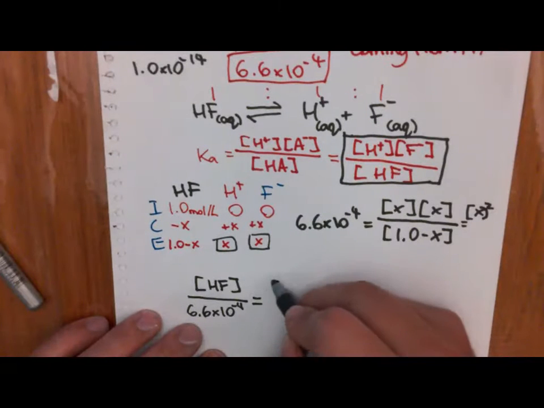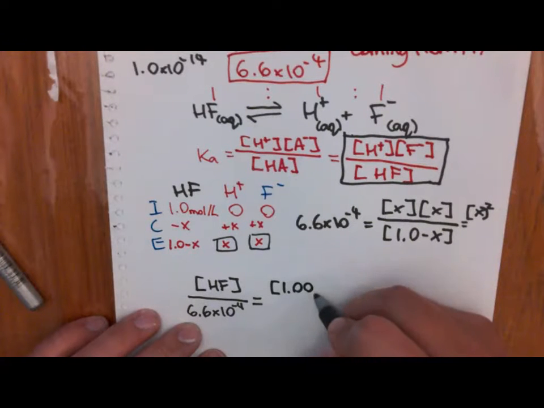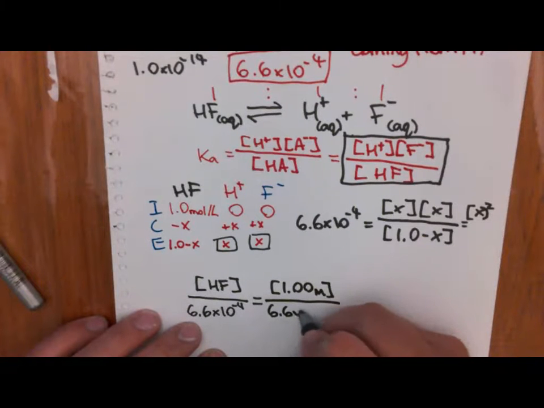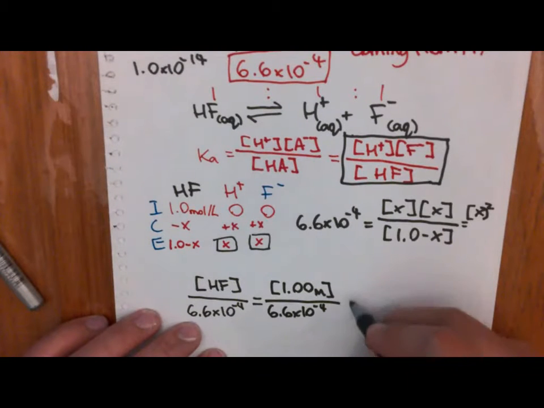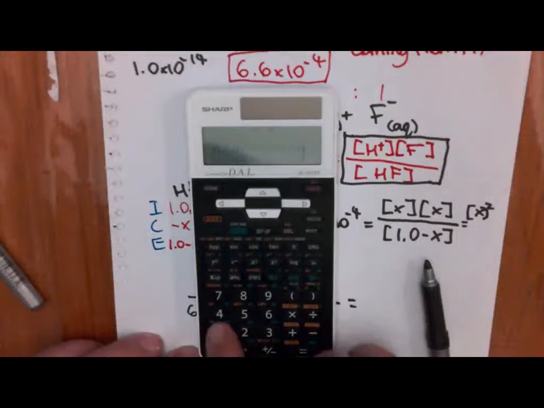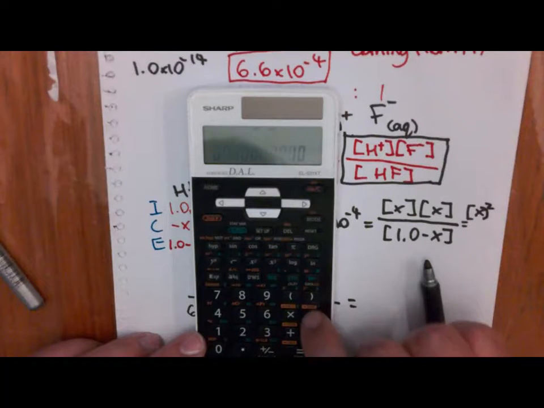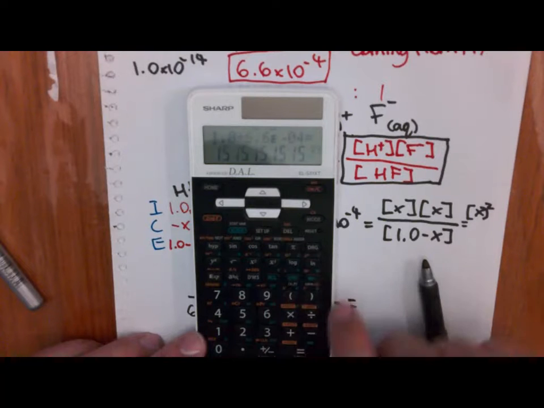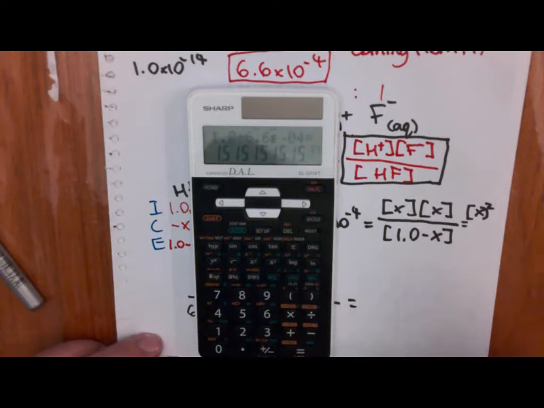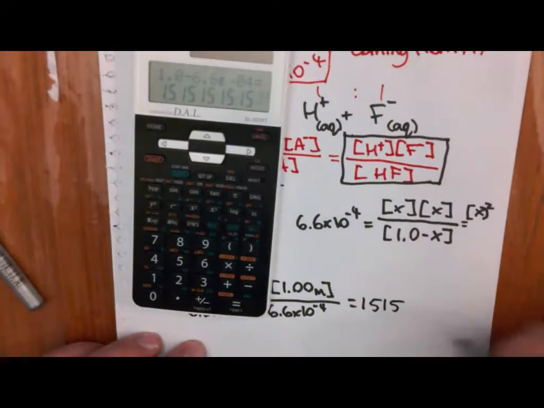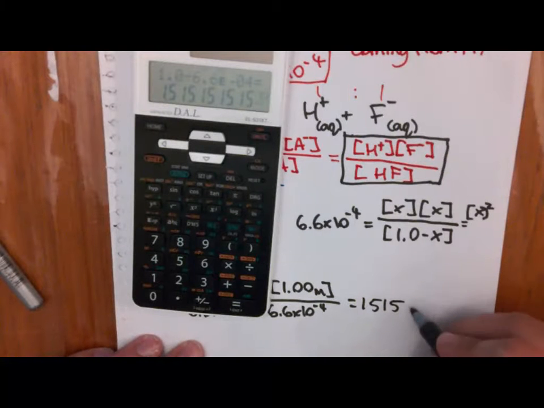Our initial concentration of HF is 1.00 moles per liter divided by 6.6 times 10 to the negative 4. And that's going to give us 1.515 times 10 to the 3, or 1,515, which is going to be much greater than 100.